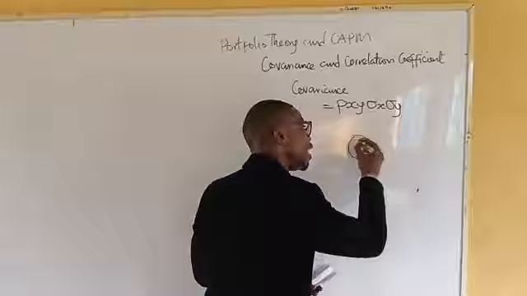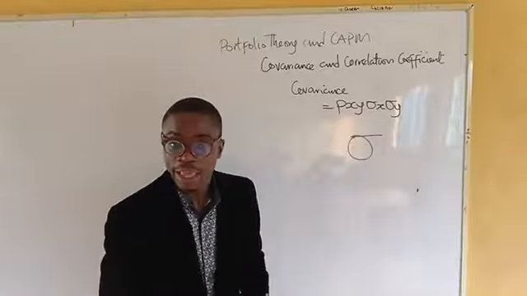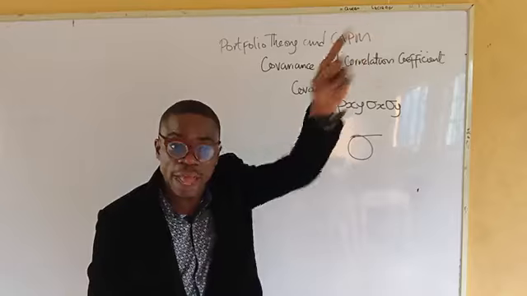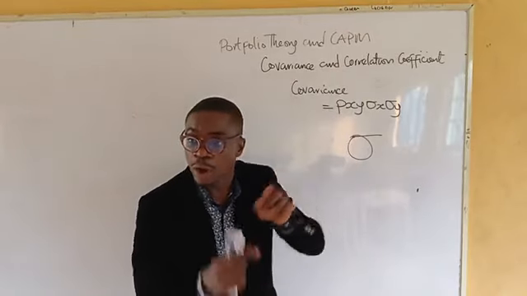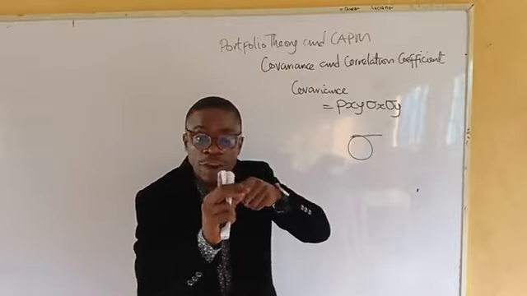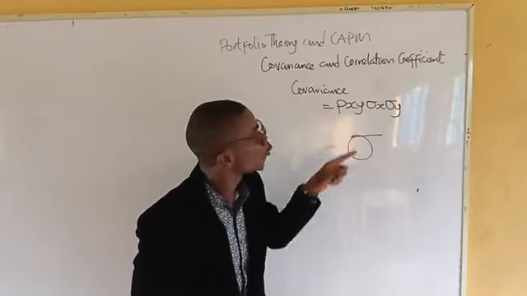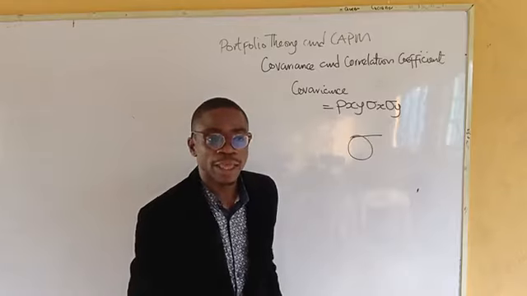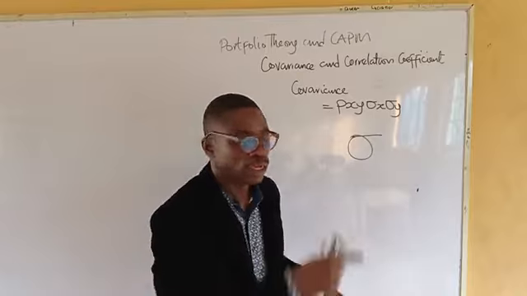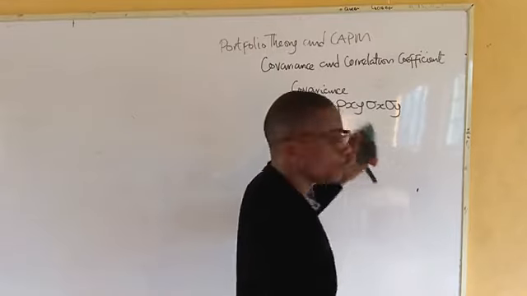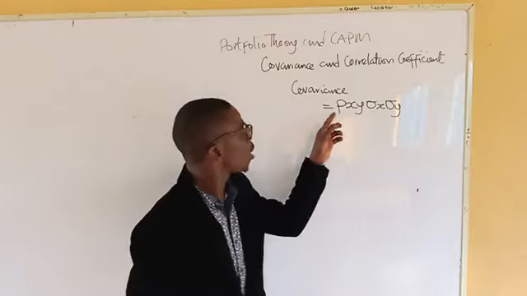I'll say it again: it's like a zero with a very small stick on it, like a mango or an orange. So when you see that symbol, it is the symbol for standard deviation.